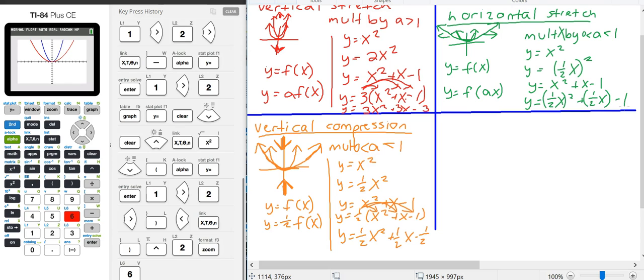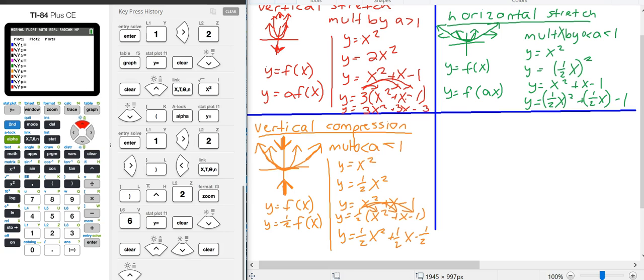Notice how when we did a vertical stretch and compression, we multiplied the entire function, even the constant, by the factor that we were stretching or compressing by. When we're doing horizontal stretches and compressions, we are just multiplying the x terms in the function by the 1/2. So let's graph these two.